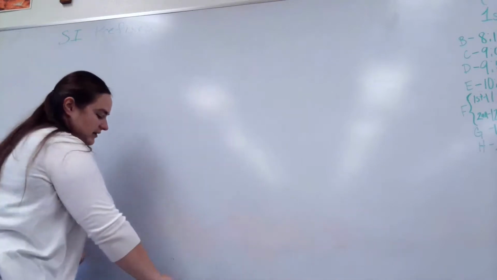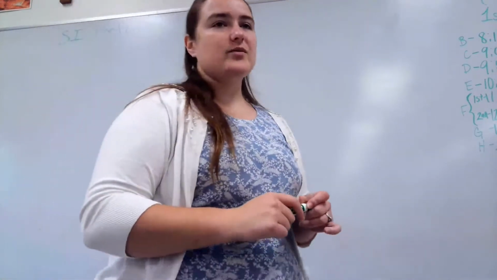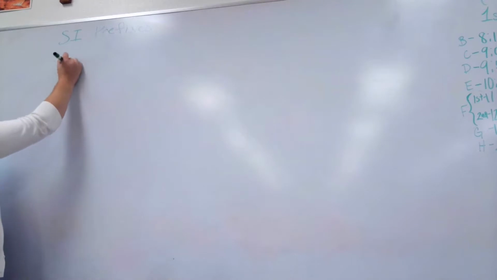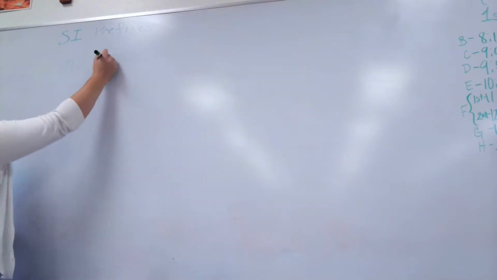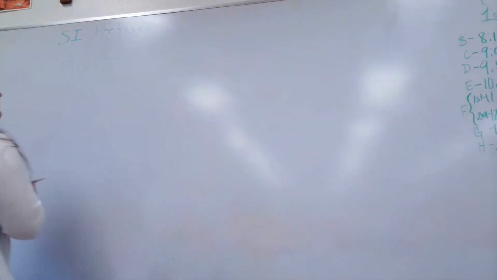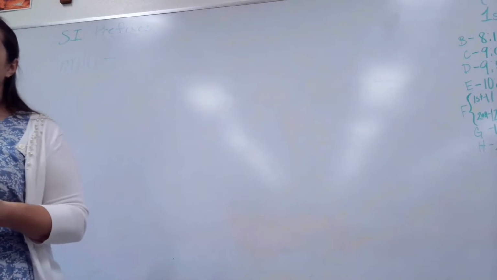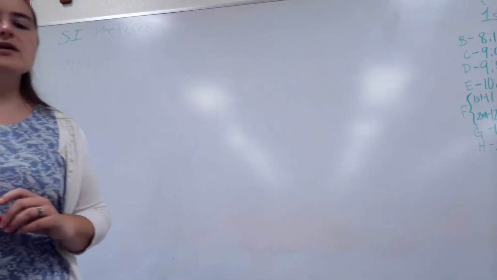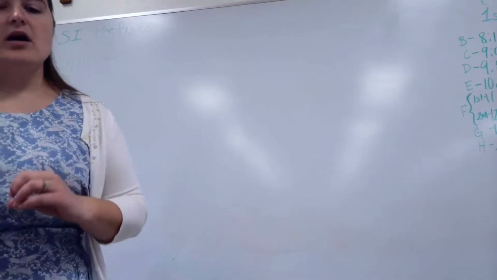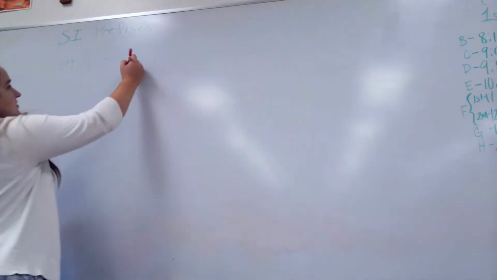The ones that I do definitely want you to know are the ones that you're probably the most familiar with. So the first prefix that I definitely want you to know, we're going to start from smallest and go to biggest, is milli. Anytime you put that milli prefix in front of any unit, you're going to divide it into 1,000 pieces.